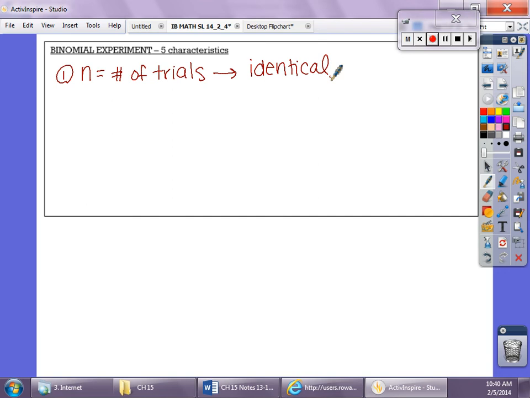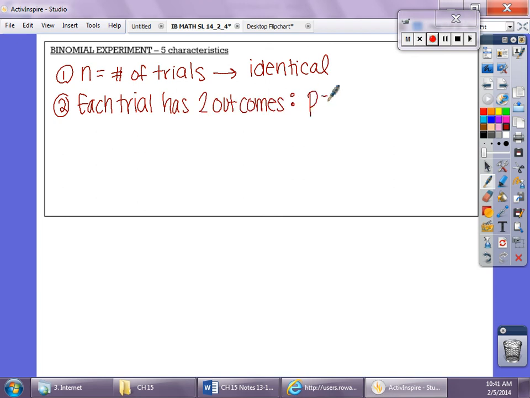The second one, each trial has exactly 2 outcomes. p is whatever we want, and q is not what we want.